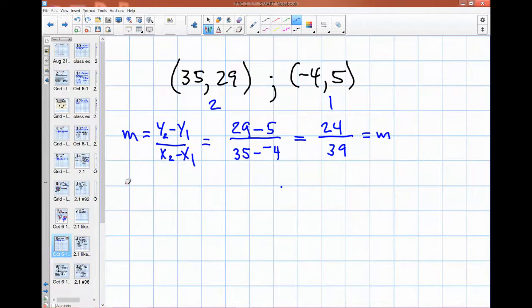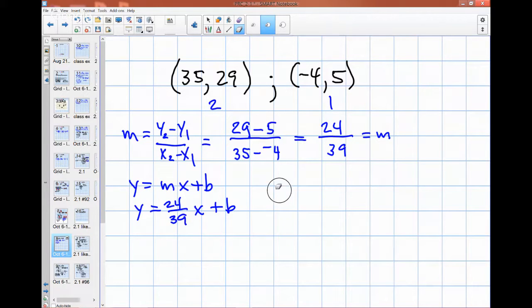So now we know we're headed for this. Y equals mx plus b. And we just found m, so let's plug that in. Okay, we've got to start on the line. And now let's plug in a point.